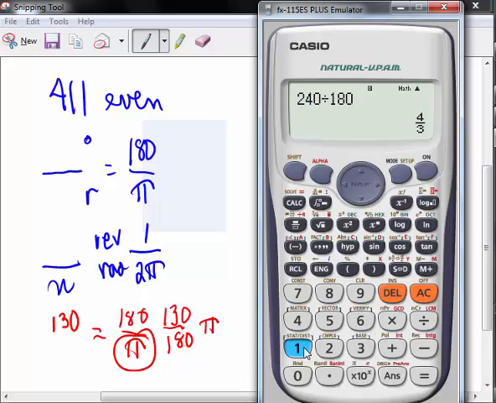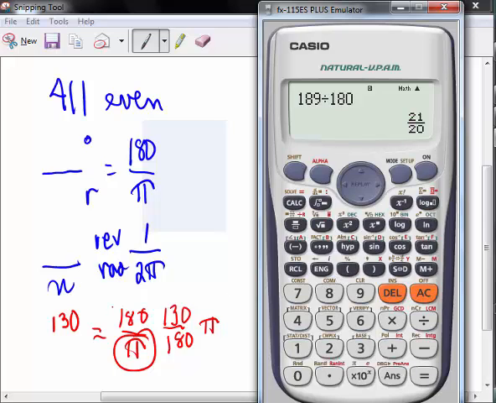Number 24, 105 divided by 180 is 7/12 pi. 26, 305 divided by 180 is 61/36 pi. And number 28 is 150 divided by 180 is 5/6 pi. 30 would be 189 divided by 180, which is just 21/20 pi.